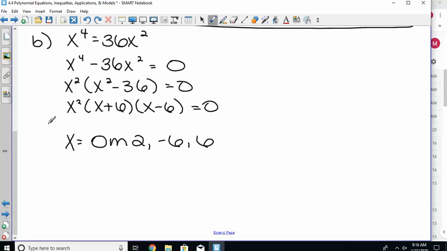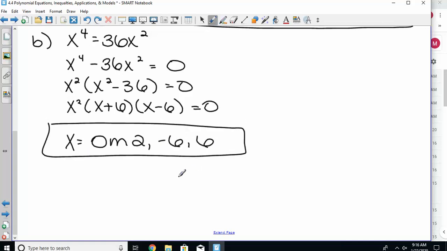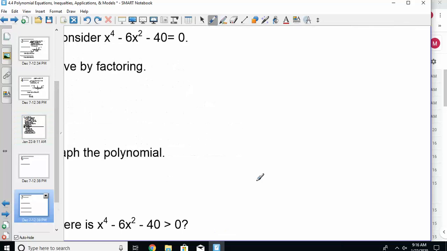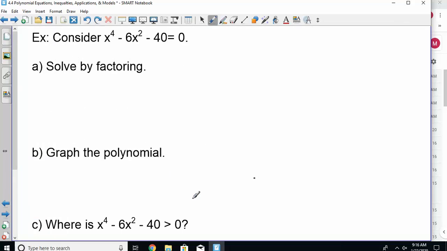And remember, you can watch your degree and that'll tell you how many zeros you should get. It was degree 4, so I got 4 zeros. Any questions on that one? Let's do one last problem, and then I'm done. And do one more where we go through everything.